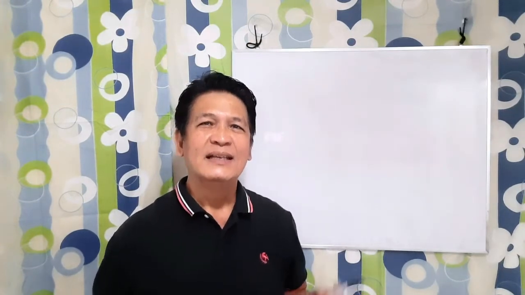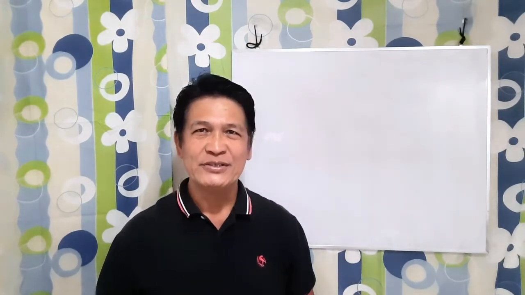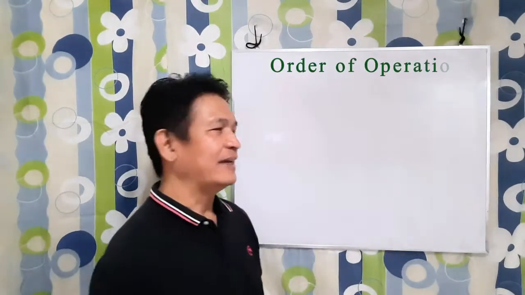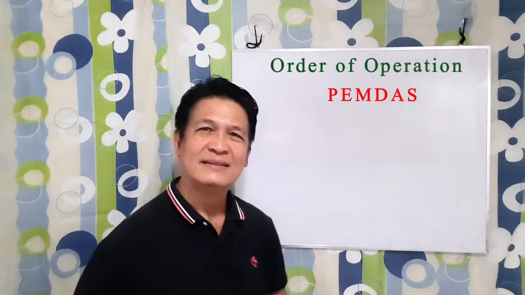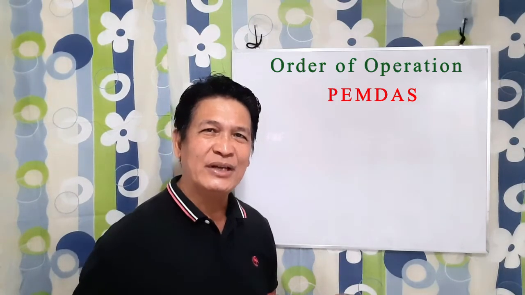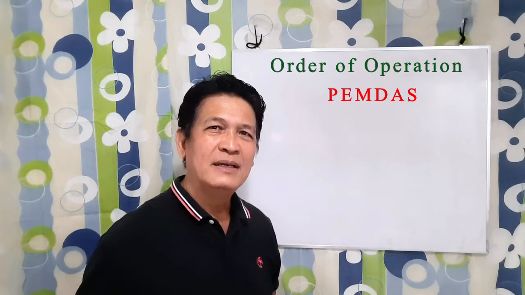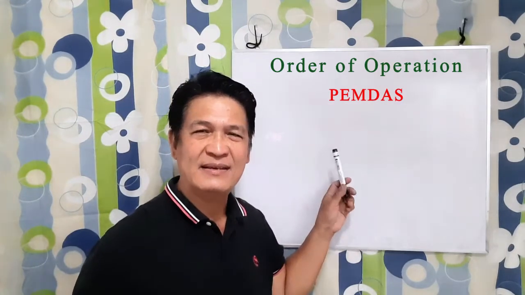And to help us do things easier is called the order of operations, and that is called PEMDAS. PEMDAS is an abbreviation of several words on how to solve problems such as this.